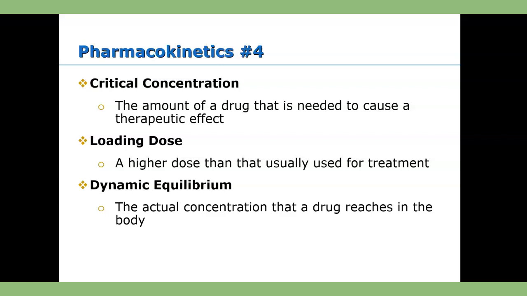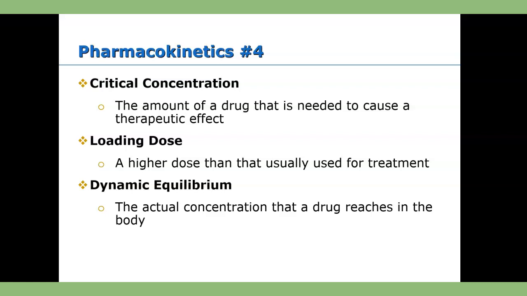Loading dose. Some drugs need a loading dose. An example: I take Emgality. It's actually a monoclonal antibody. It's an injection I give subcutaneously to myself once a month. That is a migraine preventative medication, and you need a loading dose of it.